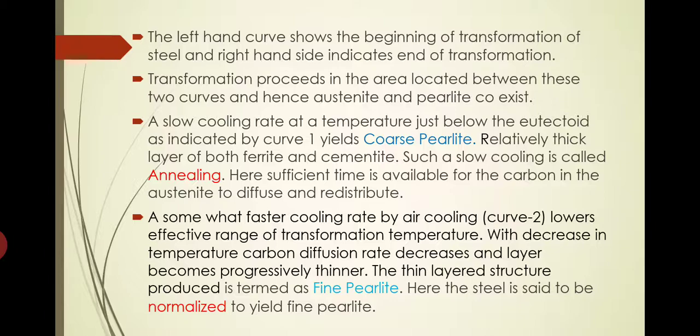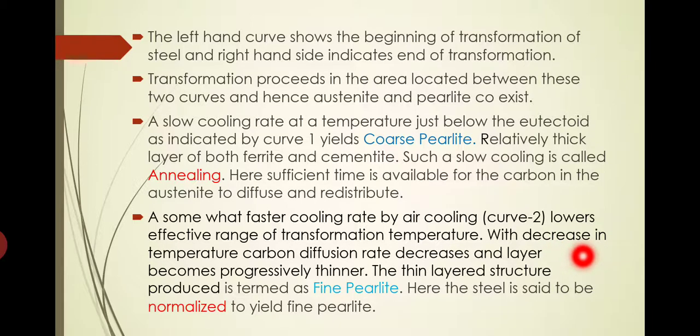A somewhat faster cooling rate by air cooling lowers the effective range of transformation temperature. With the decrease in temperature, carbon diffusion rate decreases. You have seen that since slow cooling is provided, carbon gets enough time for diffusion and redistribution. But here, since the cooling is faster, with decrease in temperature, carbon diffusion rate decreases and the layers become progressively thinner.